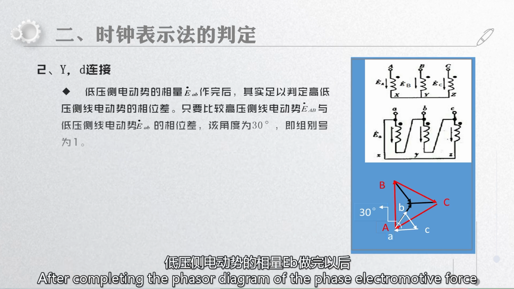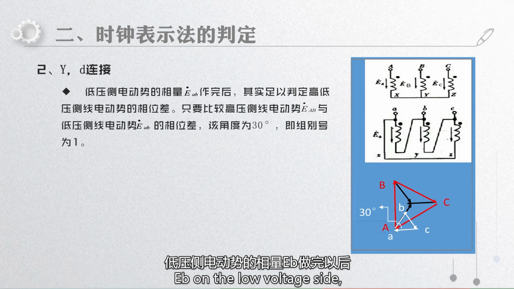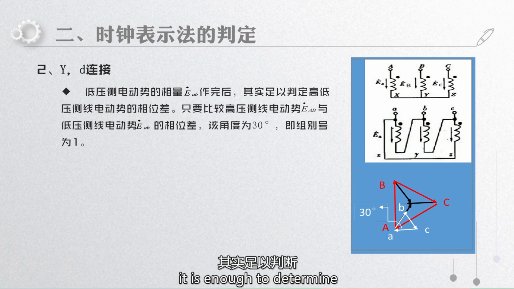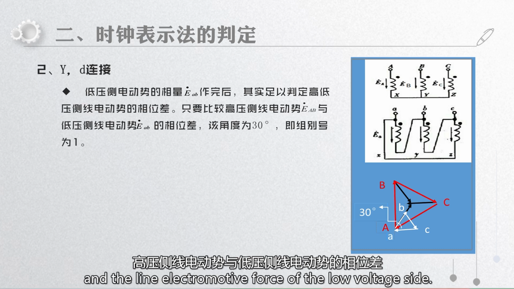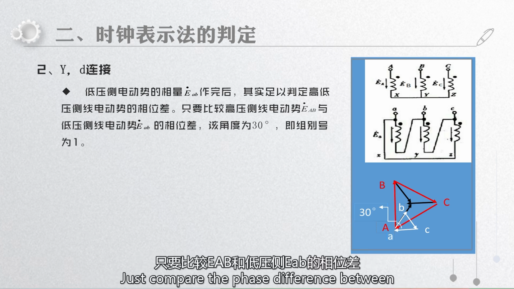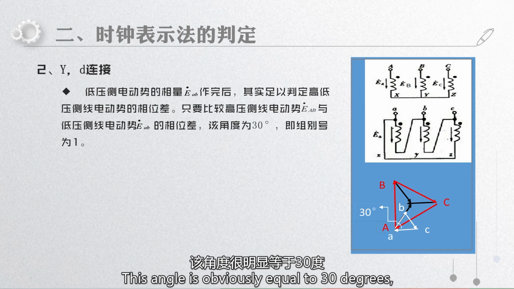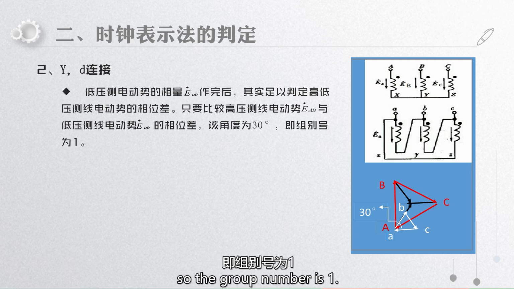After completing the phasor diagram of the phase electromotive force EB on the low voltage side, to determine the phase difference between the line electromotive force of the high voltage side and the line electromotive force of the low voltage side, just compare the phase difference between EAB on the high voltage side and EAB on the low voltage side. This angle is obviously equal to 30 degrees, so the group number is 1.